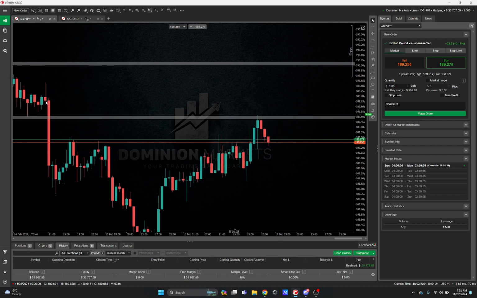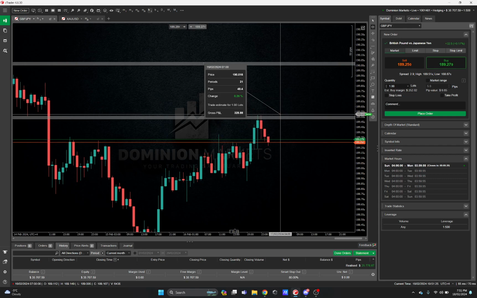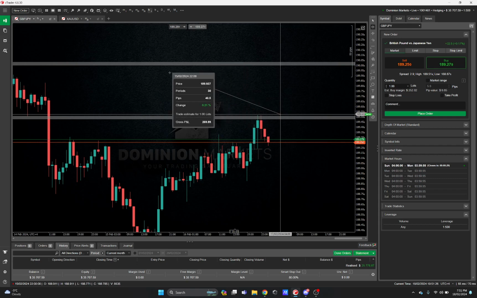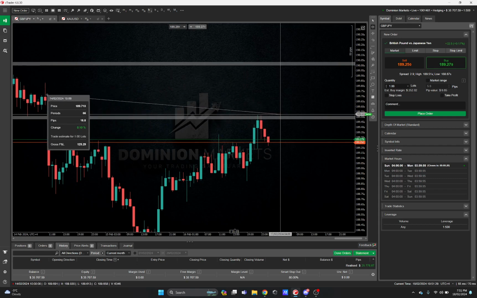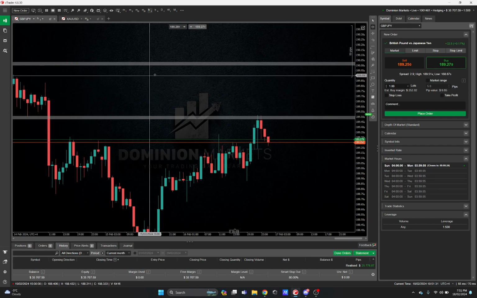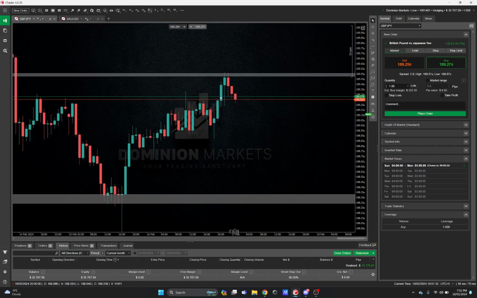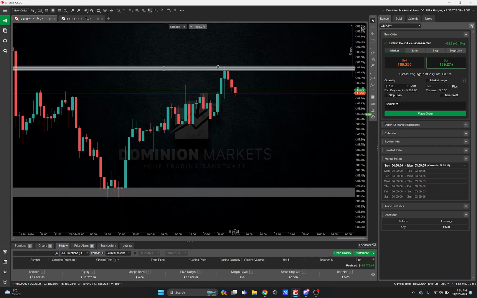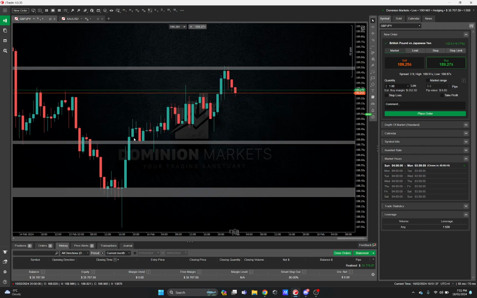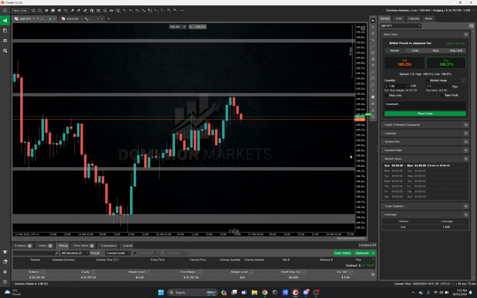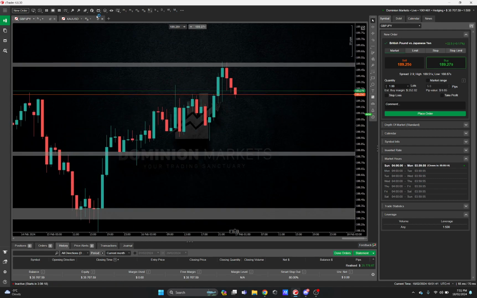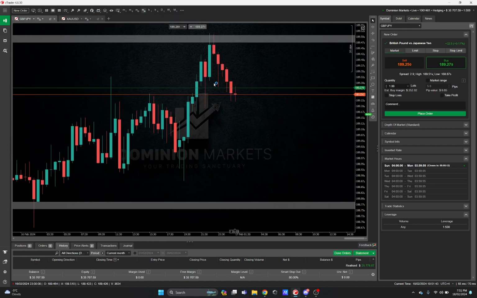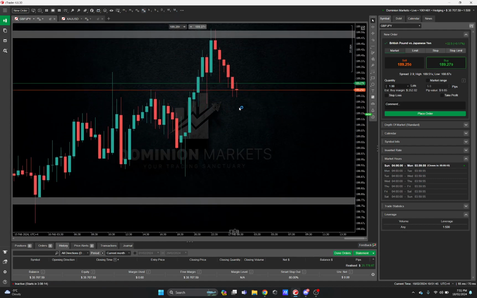If you take a look to the left-hand side, if you break above 189.500, you have a 50 pip range, but at the same time, there's some sort of trouble around there. Looking at it from a selling perspective, this is the only support I see, and I'm going to tell you why. Let's drop to the 30-minute.